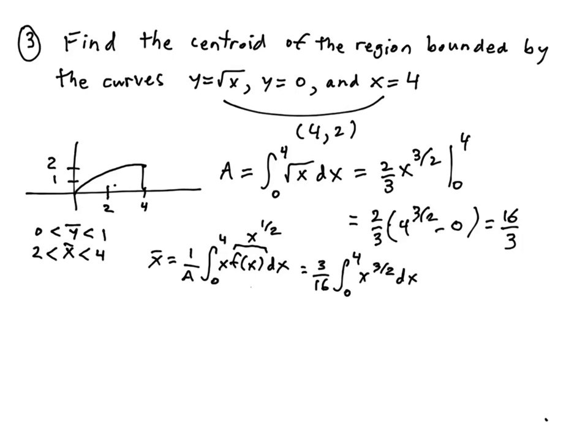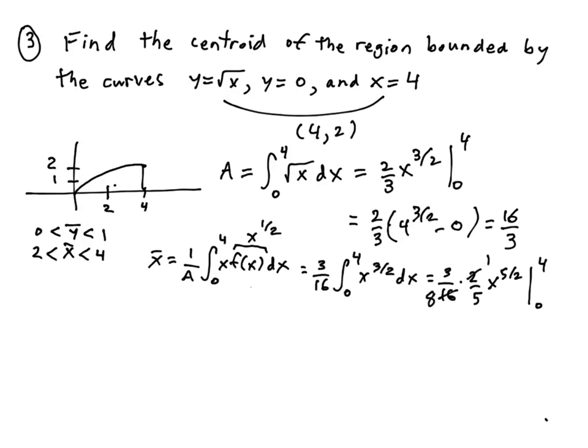So what is this equal to? We still have 3 over 16 times, if we add 1 to the exponent, that's 5/2, but then the reciprocal is 2/5, so it's going to be that times x to the 5/2, and we're going from 0 to 4. I'm going to reduce here.